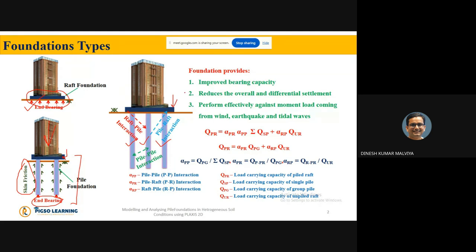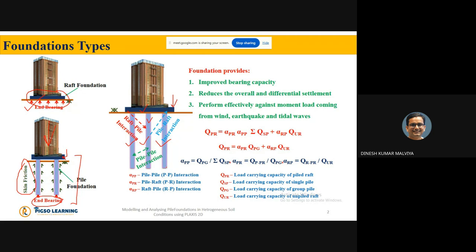However, when we go with the piled raft foundation, we are considering the bearing behavior of both foundations. In this case, several interactions come into the picture which make this a unique foundation, such as raft-pile interaction, pile-pile interaction, and pile-raft interaction.